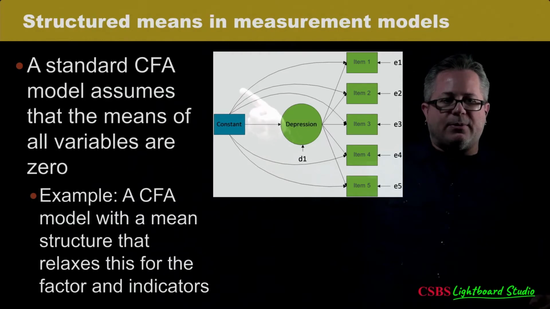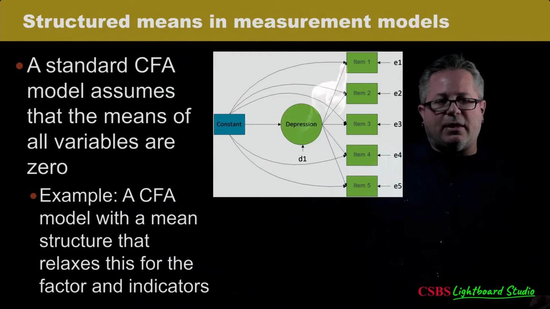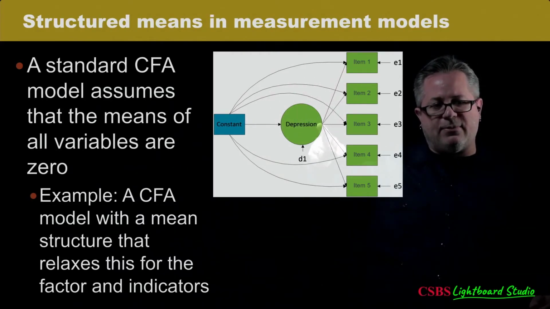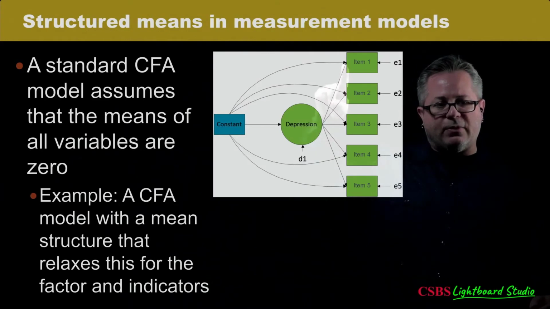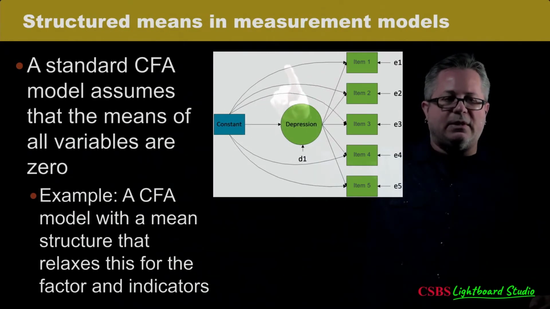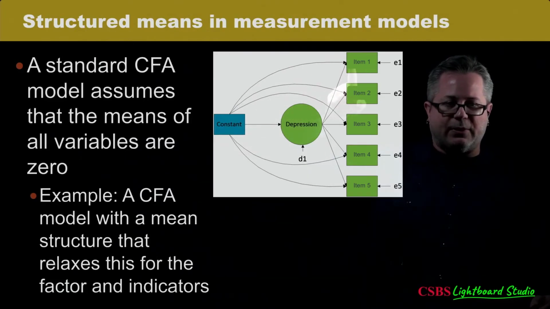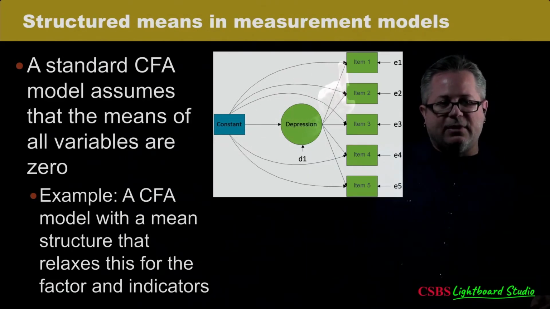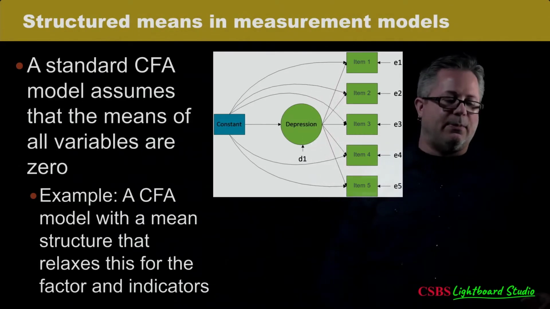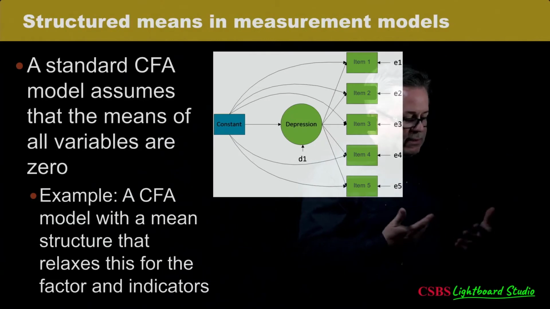So by bringing in the intercepts of these items, we can think about not only the loadings, the item's discrimination, but we can also look at the levels of the items to see the item's difficulty, which we'll come back to very shortly. So we can now estimate both level, like difficulty, and discrimination simultaneously in a factor model, which would typically be focused just on the loadings, the discrimination part.